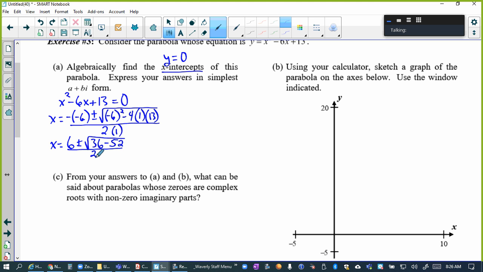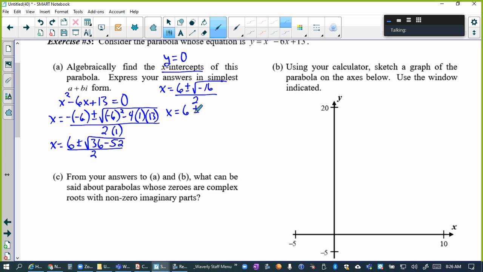So x equals 6 plus or minus the square root of negative 16, all over 2. Well, that's nice, it's a perfect square. It comes out nice and neatly, kind of, except for the imaginary part. What's the square root of negative 16?